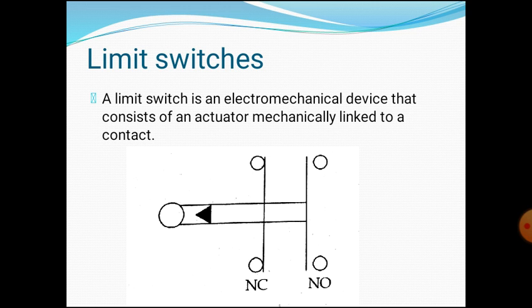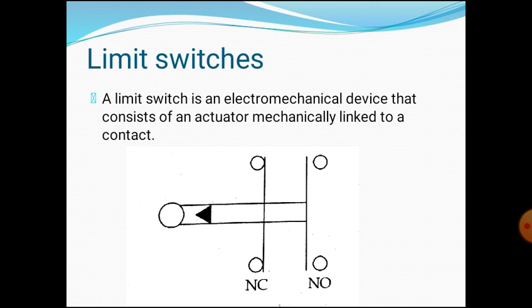Limit switch. A limit switch is an electromechanical device that consists of an actuator mechanically linked to a contact. When an object comes into contact with the actuator, the device operates the contact to make or break an electrical connection.